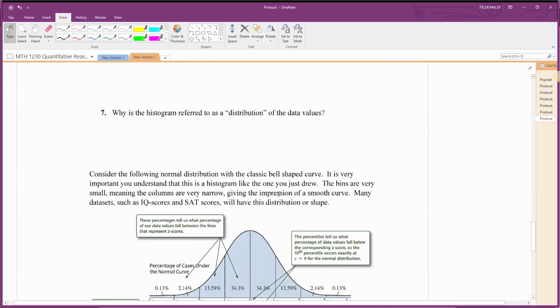So then number 7 has a question. It says, why is the histogram referred to as a distribution of the data values, right? So the reason why it's referred to as a distribution is it shows how the values are distributed with respect to each other.